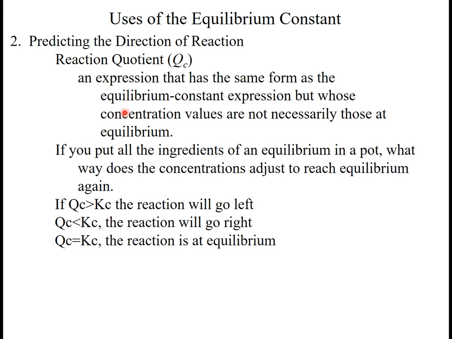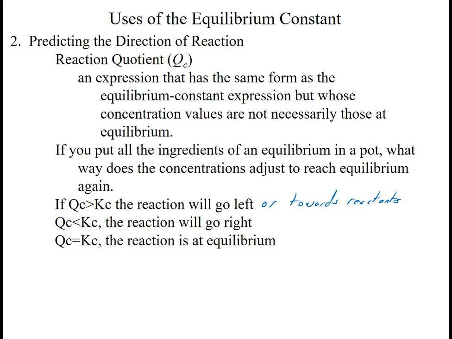So there are three different conditions. If QC is greater than KC, the reaction will go left, which means towards reactants. You can write down either answer there, left or towards reactants. They mean the same thing.